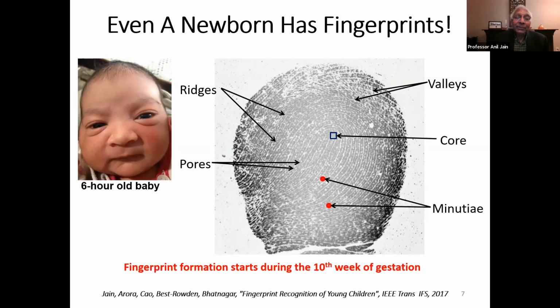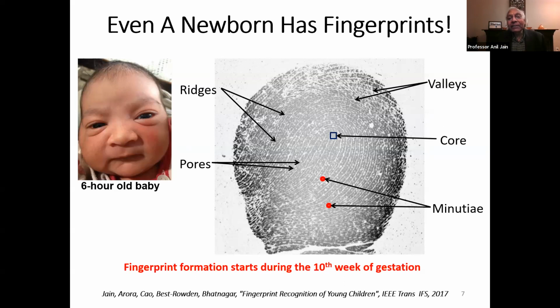Actually, fingerprint formation starts during the 10th week of gestation. It has both phenotype and genotype characteristics. So siblings may have similar looking fingerprints, but because of the phenotype characteristics, they can still be distinguished. So identical twins will have distinct fingerprints.